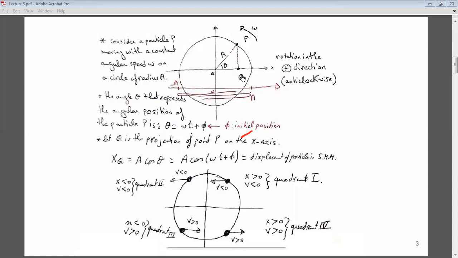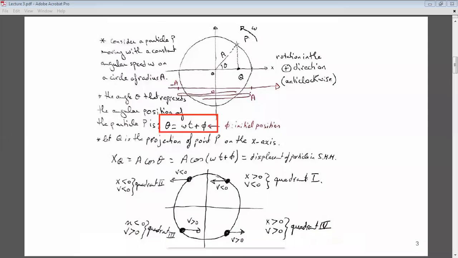This angle theta is equal to omega t plus phi, where phi is the initial position. You can just do the analogy with x equal vt plus x initial in horizontal motion. Here in circular motion, we have theta equal omega t plus phi, where phi is the initial position.